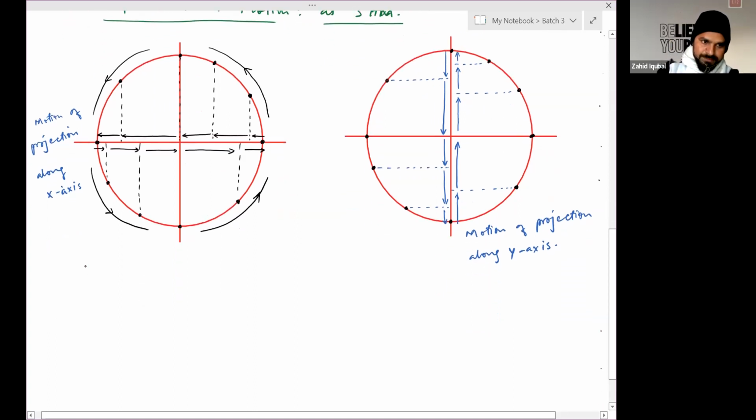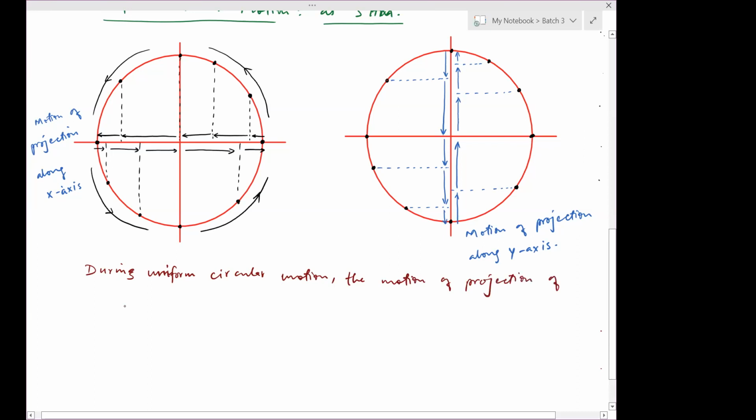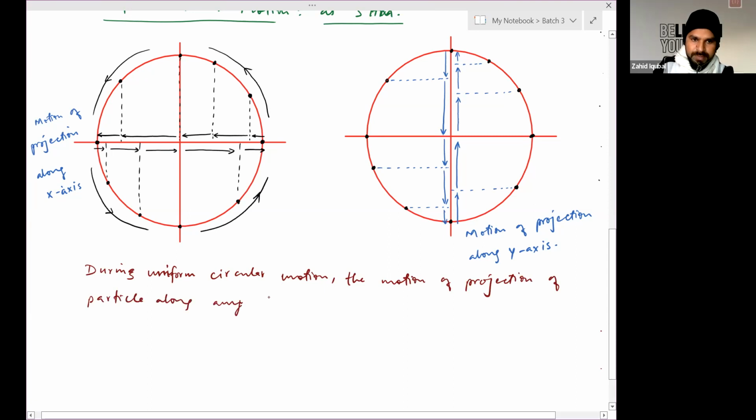So from this part, we can conclude during uniform circular motion, the motion of projection of particle along any diametrical axis is called simple harmonic motion.